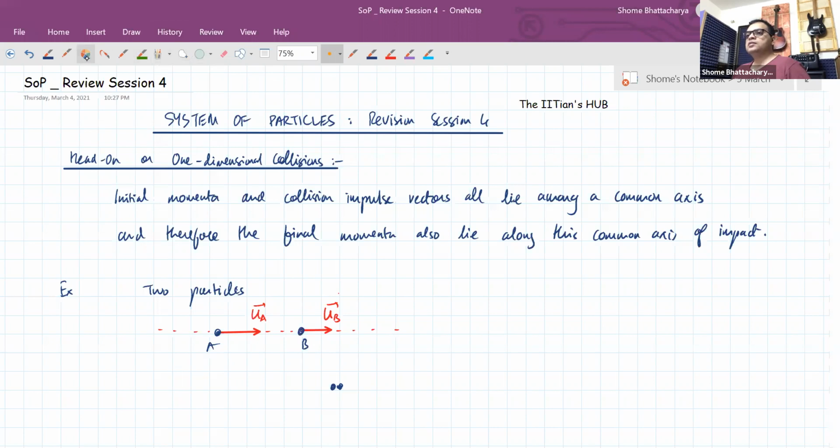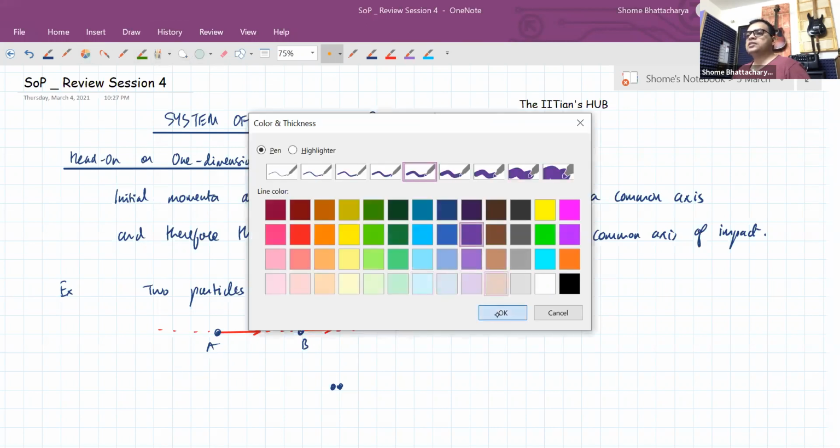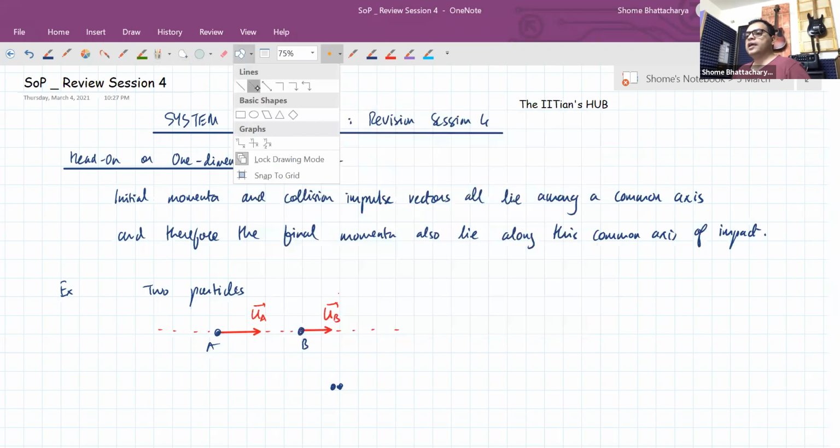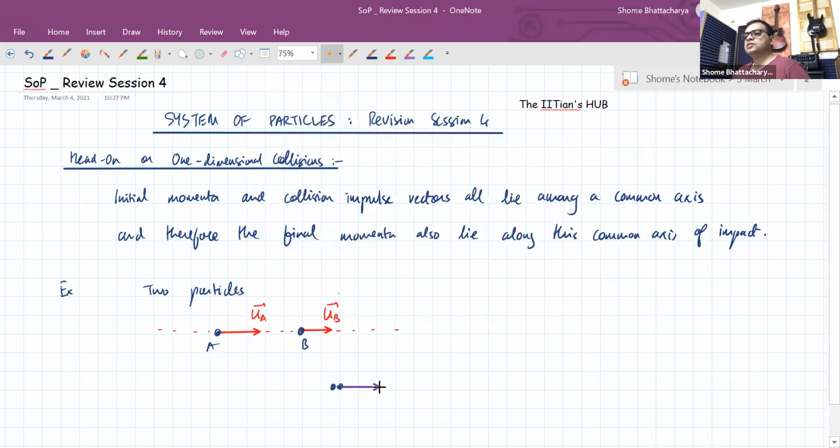So when they collide, the collision impulse acts like this. This is the impulse on B because of A. This is the impulse on A because of B. And that also lies along that common axis, which is the line of impact or the axis of impact.